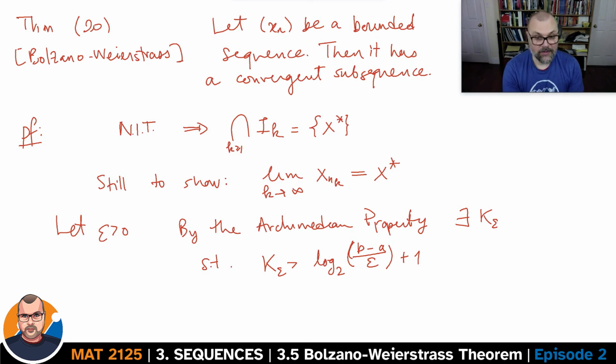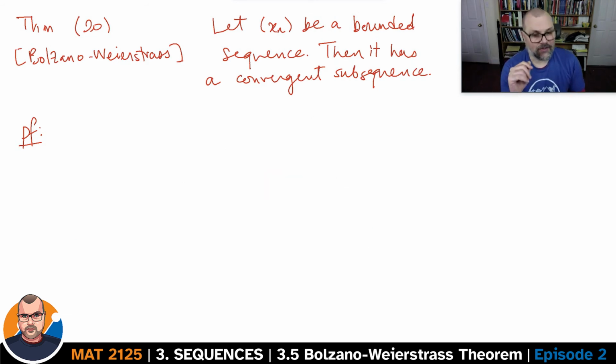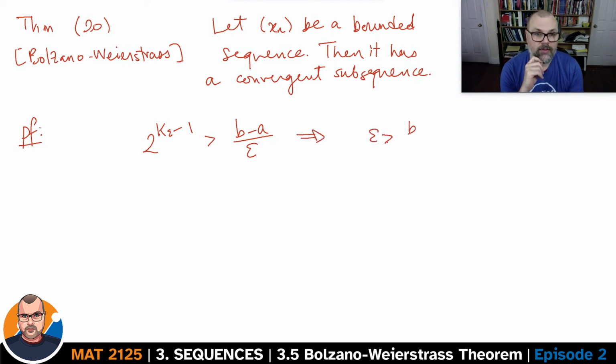If k epsilon satisfies the inequality that we just saw, then 2 to the k epsilon minus 1 will be greater than (b minus a) divided by epsilon. And that will mean, amongst other things, that epsilon is greater than (b minus a) divided by 2 to the k epsilon minus 1. And that, of course, is greater than 0 by construction.